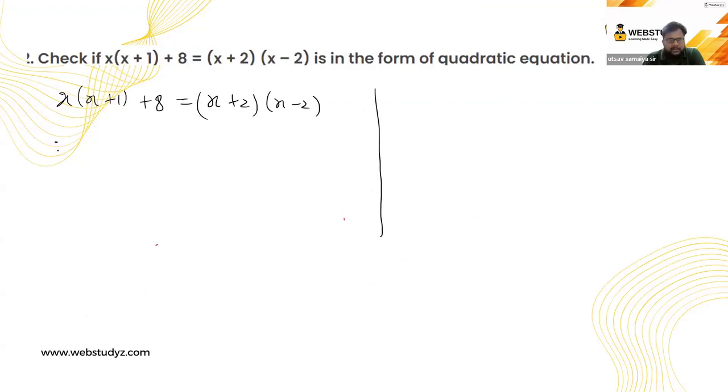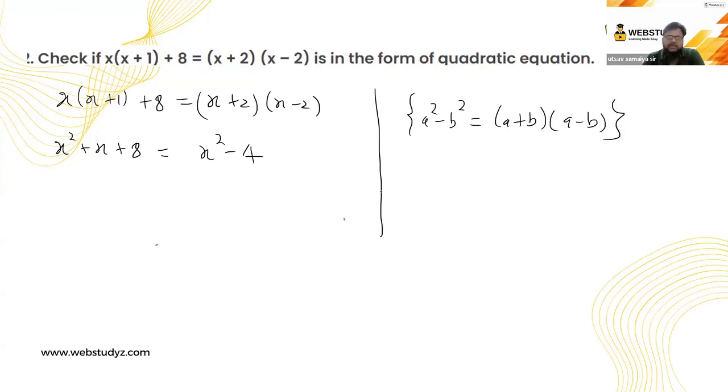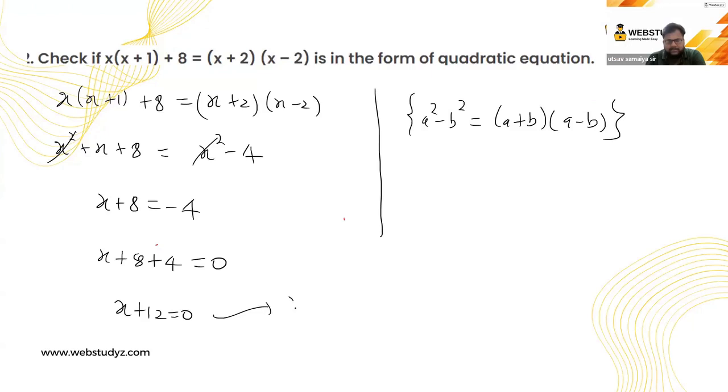First solve this. x square plus x plus 8 is equal to x square minus 4, because a square minus b square is a plus b, a minus b. So x square got cancelled. So here I got x plus 8 plus 4 is equal to 0. That means x plus 12 is equal to 0. This is x equal to minus 12.